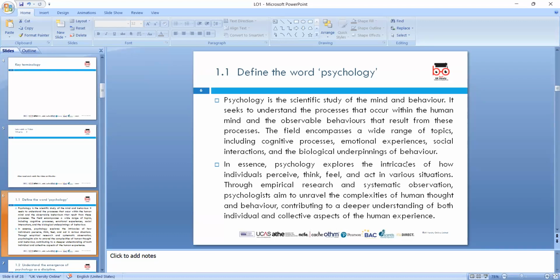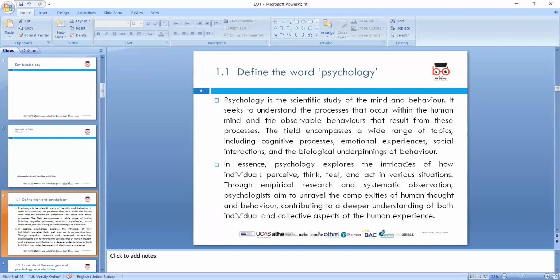You give meaning with the help of your sense organs, through sensation. Your eyes, ears, nose, skin. You think, you feel, and act in various situations. Through empirical research and systematic observation, psychologists aim to unravel the complexities of human thought and behavior, contributing to a deeper understanding of both individual and collective aspects of human experience.